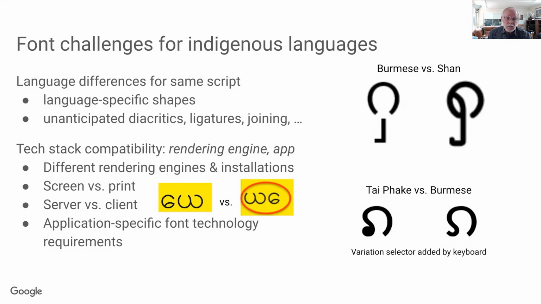Sometimes screen versus print or server versus client side makes a difference. In the yellow, we see an example of a recently fixed Google problem with the rendering of Burmese character shapes. On the left is the way things should be shown. On the right is the way that these characters were represented in some PDFs. This was fixed, but it was a server versus client and version of rendering engine problem.